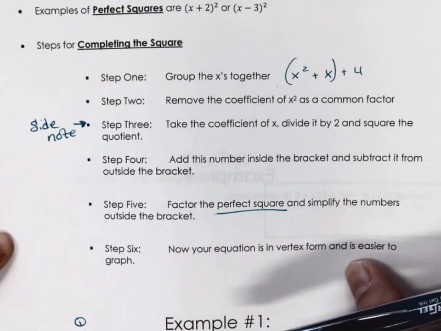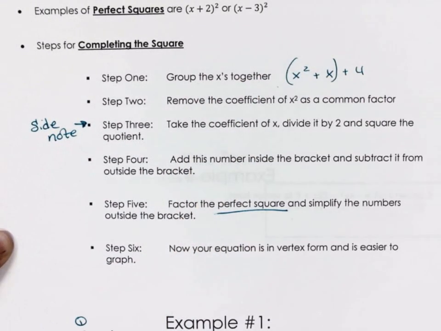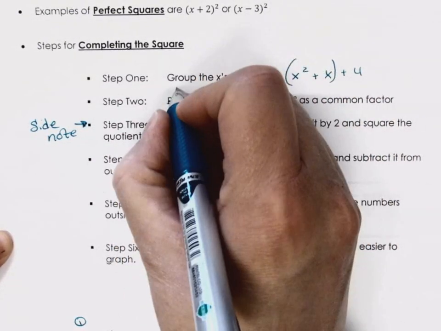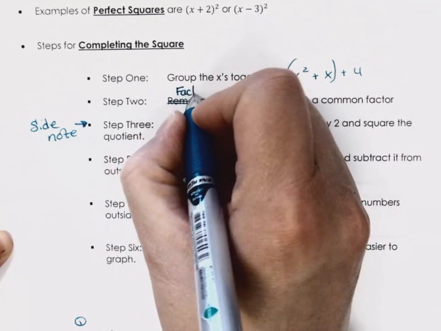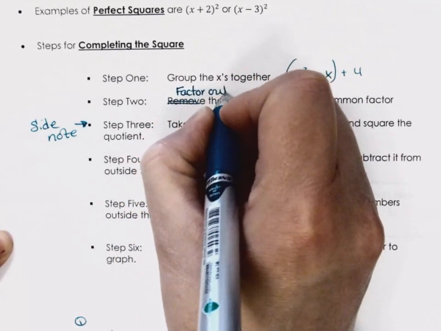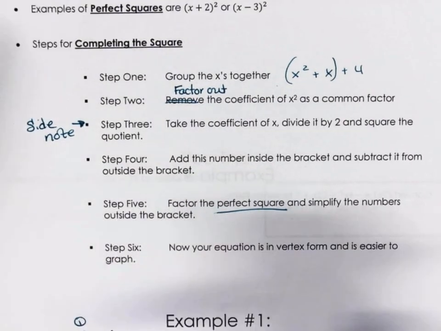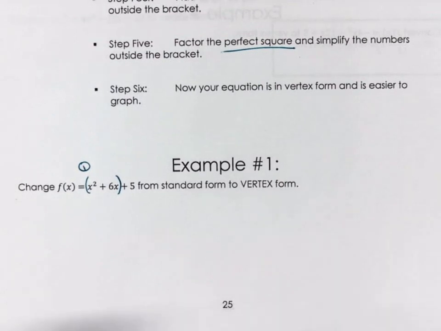Factor out the coefficient on the x squared. What is the coefficient on the x squared? Still 1, right?